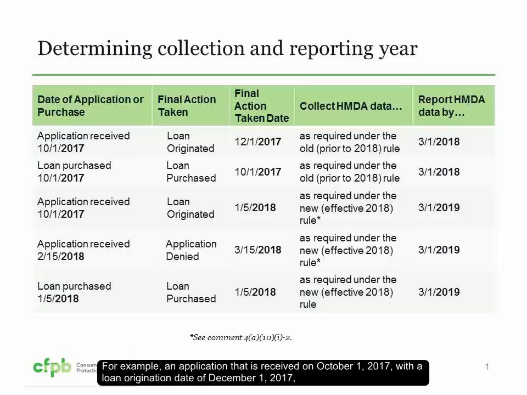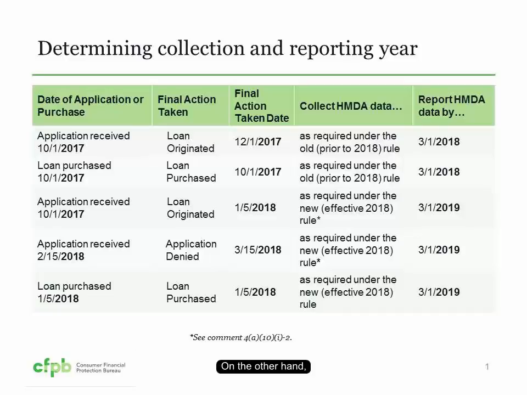For example, an application that is received on October 1, 2017, with a loan origination date of December 1, 2017, is reportable with the institution's 2017 HMDA data to be submitted by March 1, 2018. The data to be collected would be in accordance with the rule in effect in 2017. This means that for this loan, the institution would not collect the new data points under the final rule.